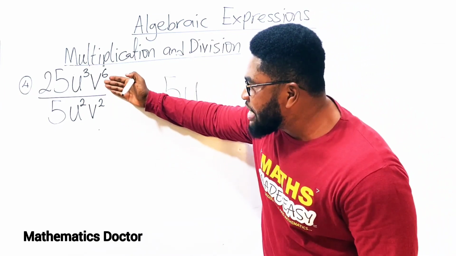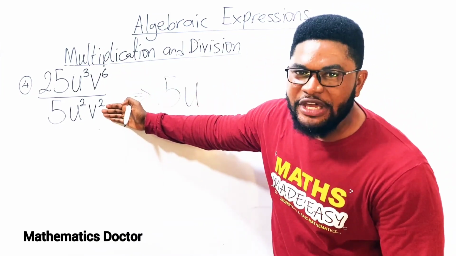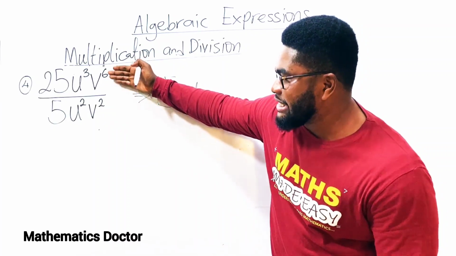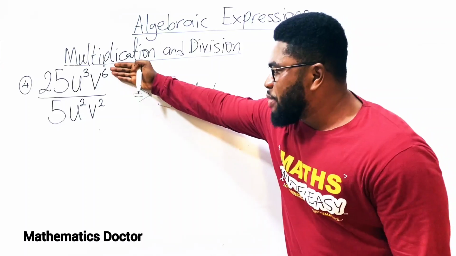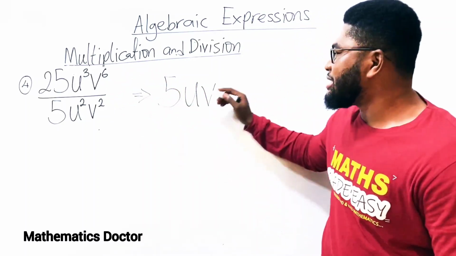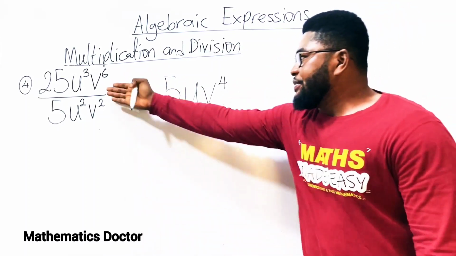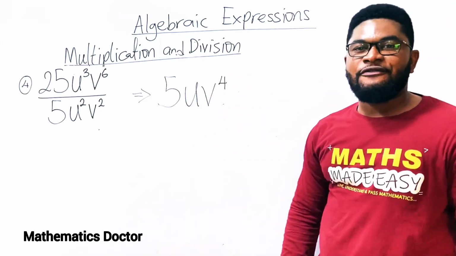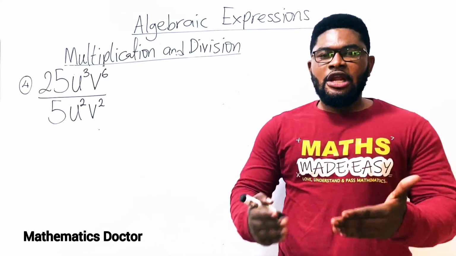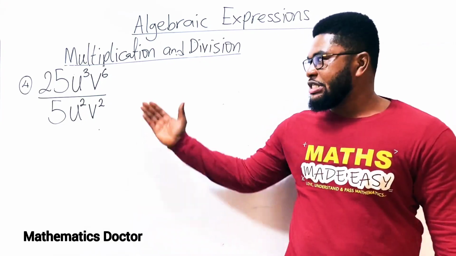Then taking v power 6 divided by v power 2. It will be the power 6 minus the power 2. So maintaining v, power 6 minus power 2 gives us power 4. So from this, our final answer will then be 5u v raised to the power 4.